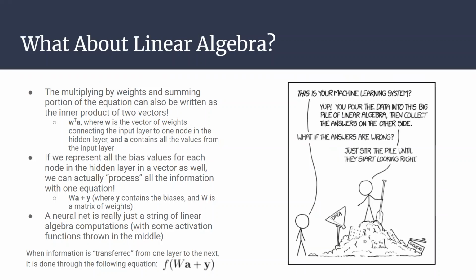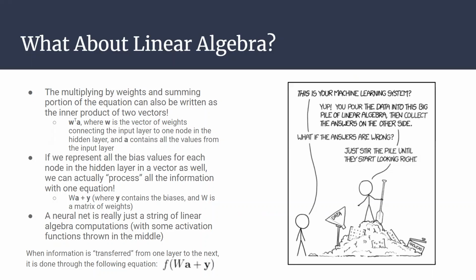So the linear algebra part of this is that the process of multiplying by weights and then summing them can be written as the inner product of two vectors. And then furthermore, if we represent all the bias values as a bias vector, then we can use a matrix of weights and multiply it by a vector of the input values and then add the bias vector.